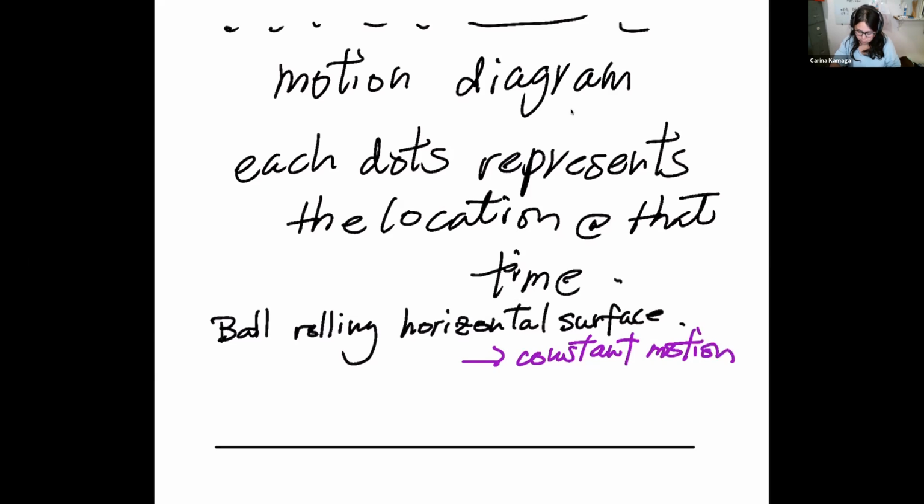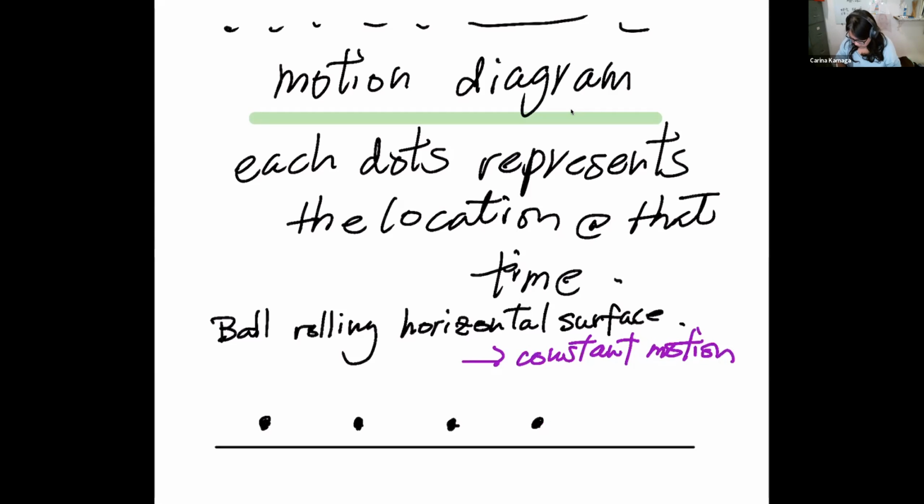So for constant motion, we draw this motion diagram of the object, and these dots have equal spacing.